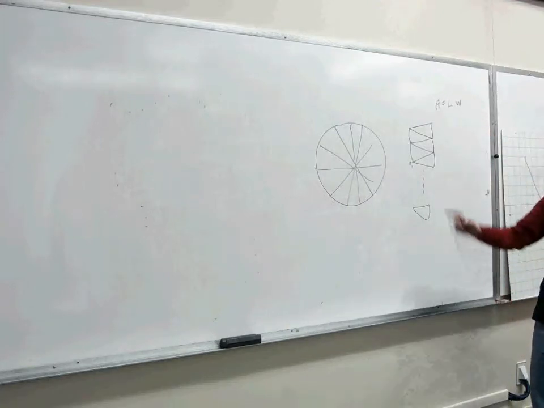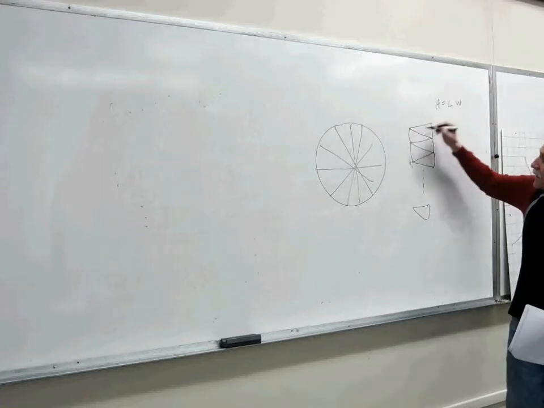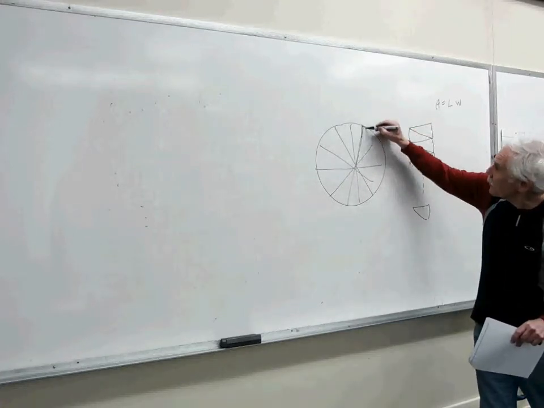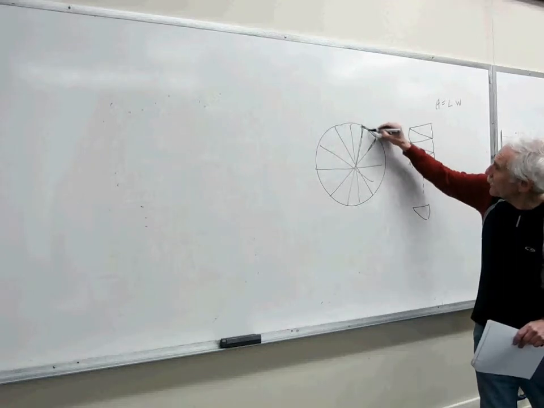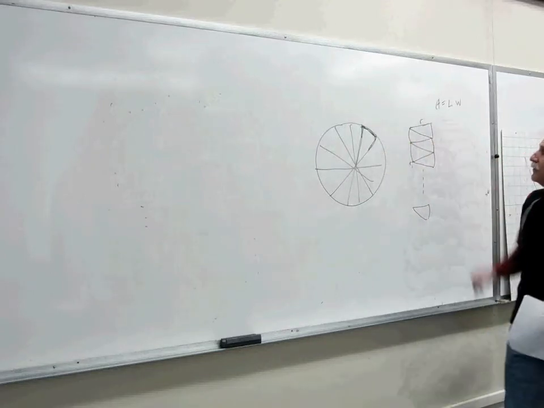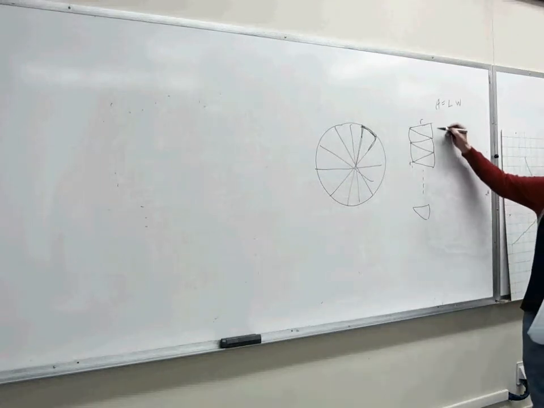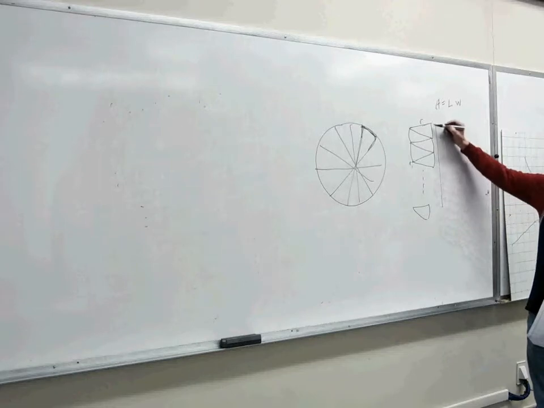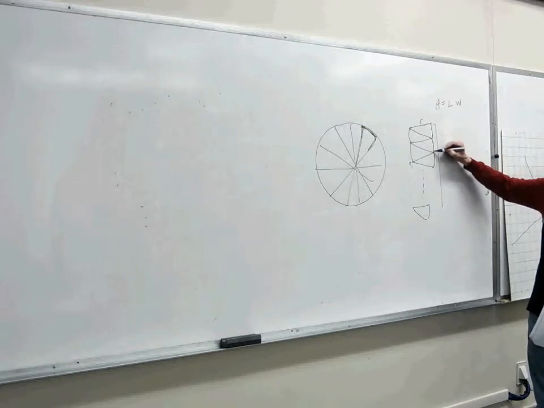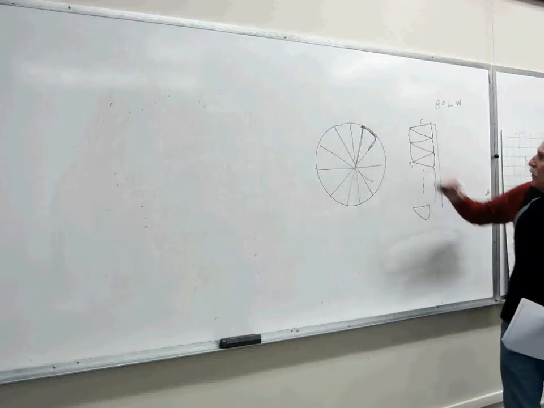Well, what's the width of this rectangle? If this slice came from that slice right there, this distance is just the radius. And this distance, if you look carefully, is all formed from the outer part of the circle.